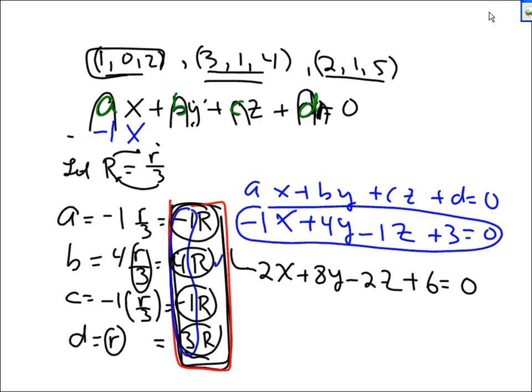Yeah. These two are the same. I know they are. Because if I divide both sides by 2, I get the line above. Because that will be negative 1, that will be 4, that will be negative 1, and that would be 3. And that, of course, is still 0. Let r be 1.